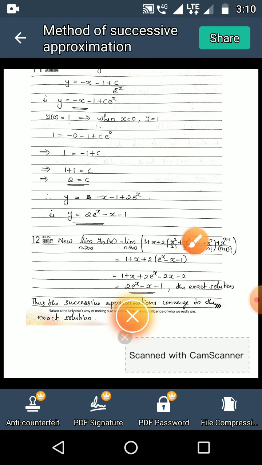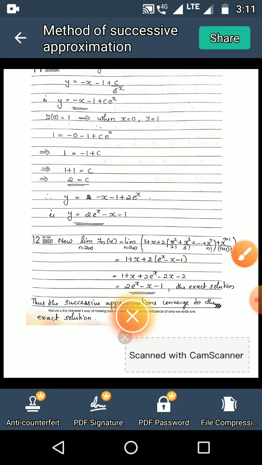This is the expansion of what? As n tends to infinity, this is the power series expansion of e raised to x with the first two terms missing. In the expansion of e raised to x, it contains 1 plus x plus x square by 2 factorial plus etc., infinitely many terms. So this is the expansion of e raised to x minus 1 minus x. So the first two terms are subtracted from the series of e raised to x.